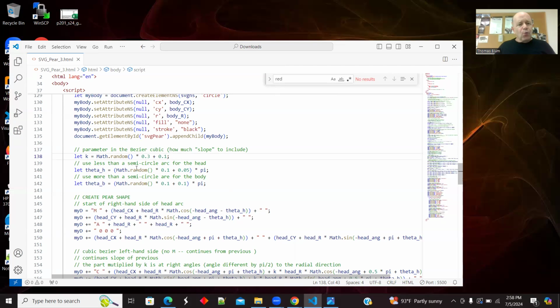I did not want to draw the entire head. I didn't want to draw an entire semicircle for the head. So I have an angle that I'm cutting it off. And then down in the bottom, I wanted to use more than a full semicircle. And so I had another angle.